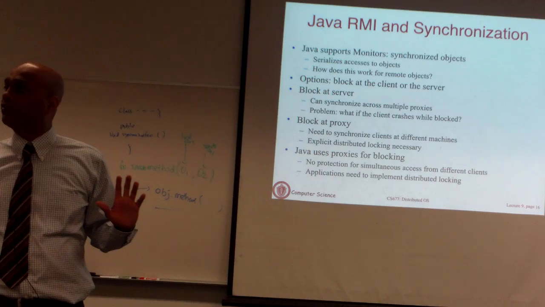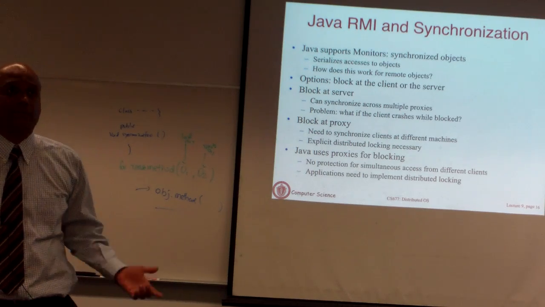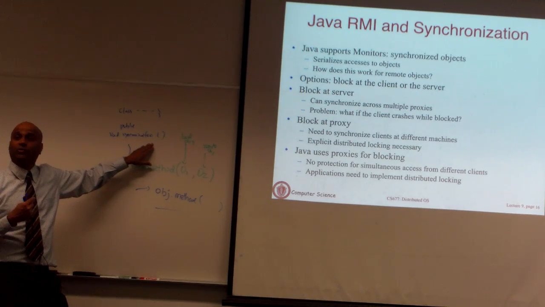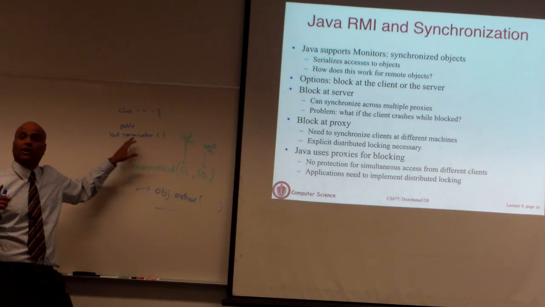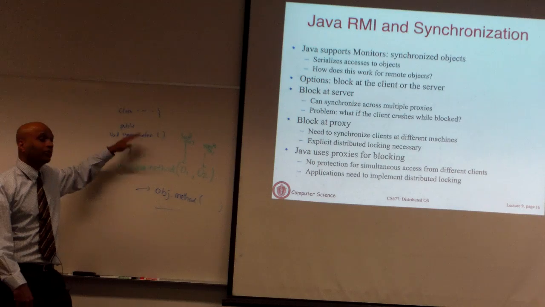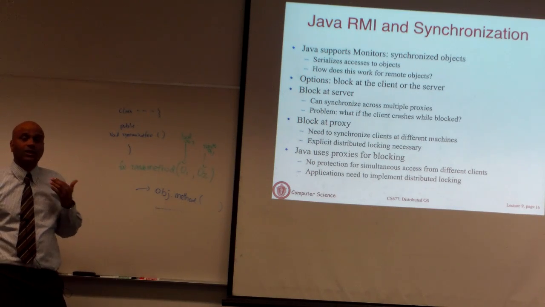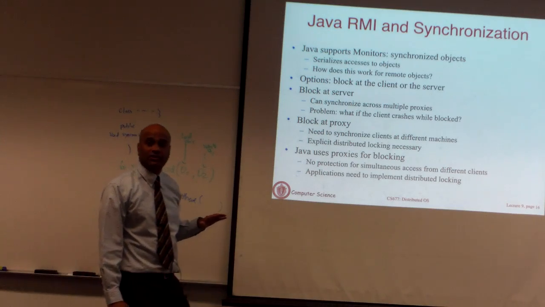It implements a lock for this object. So now if multiple threads start calling foo, automatically you will have mutual exclusion. Only one thread will be allowed to execute foo or any other synchronized method of this class at any given time. This is how Java supports synchronization.